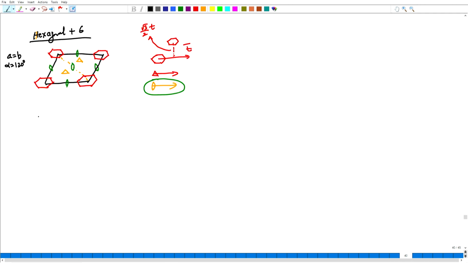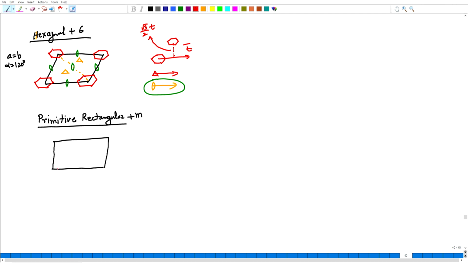So, let us take primitive rectangular and add a mirror to this.